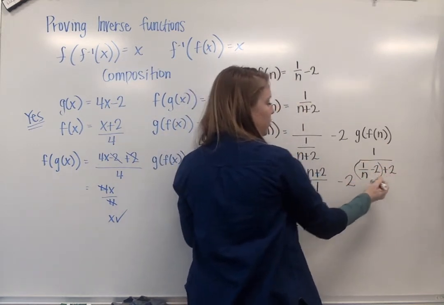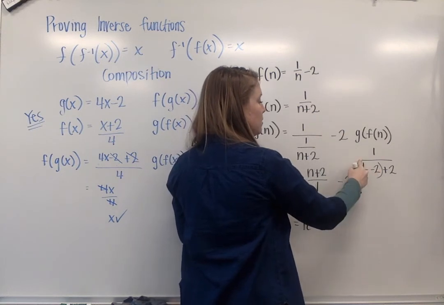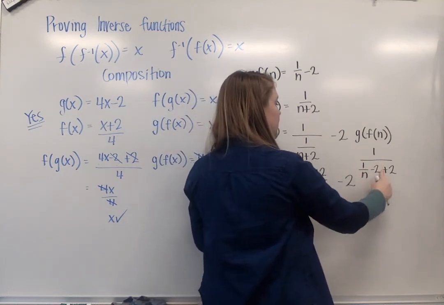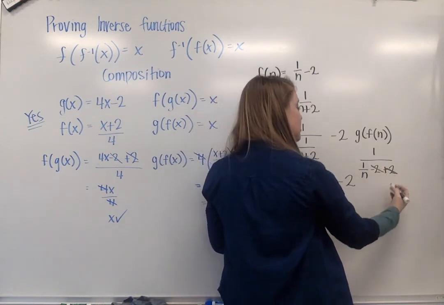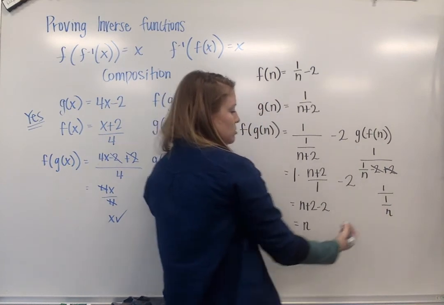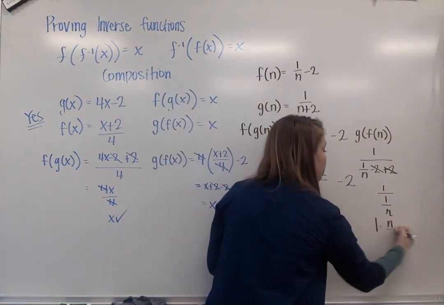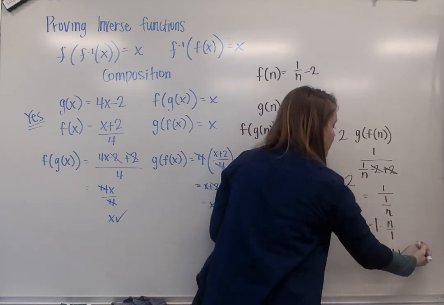If I put that in parentheses right here, that's the n that I just replaced. But again, those parentheses, we're not multiplying or anything, so they're not needed. Negative 2 plus 2, that's 0. So I get 1 over n. So I'm going to go ahead and do my copy dot flop. And that's going to just give me n.